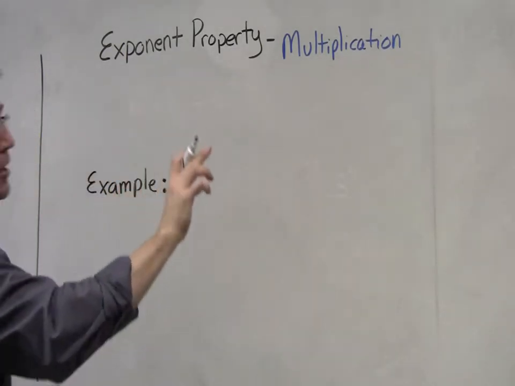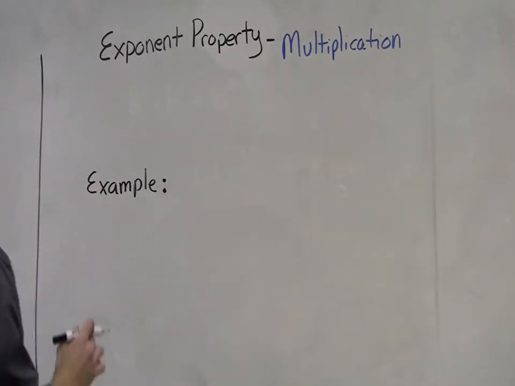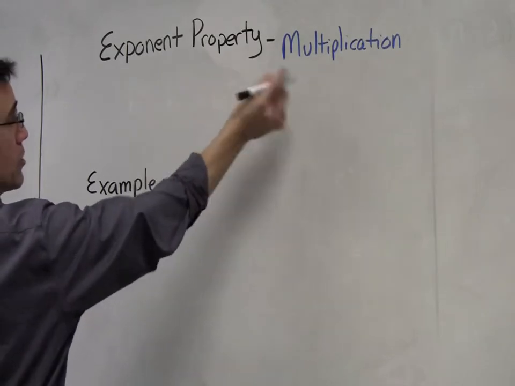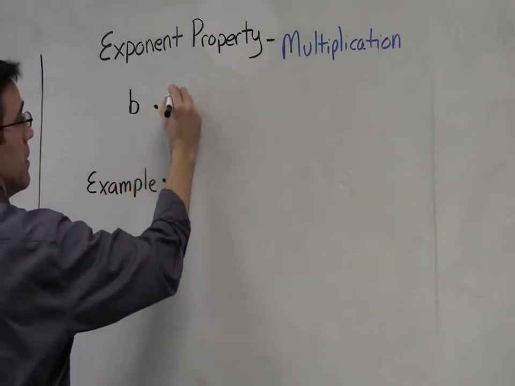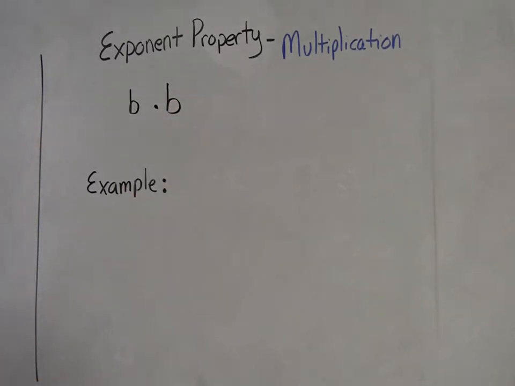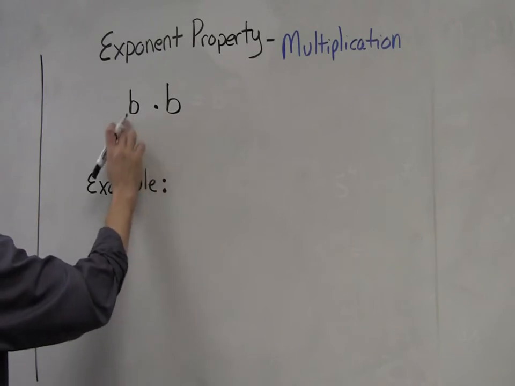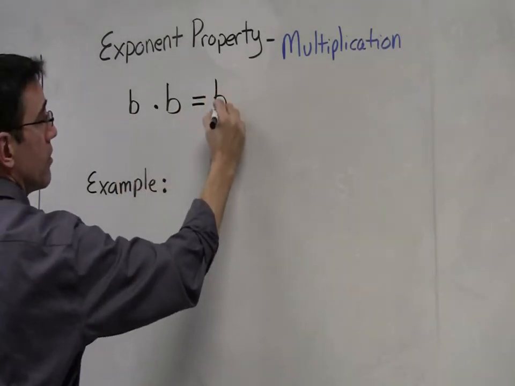All right, so in this video, I'm going to talk about the exponent property for multiplication. There's a property for multiplying exponents that says when you have a base, b, times another base, it's very important, and this only works if you have the same bases. When you multiply, your base is going to remain the same.